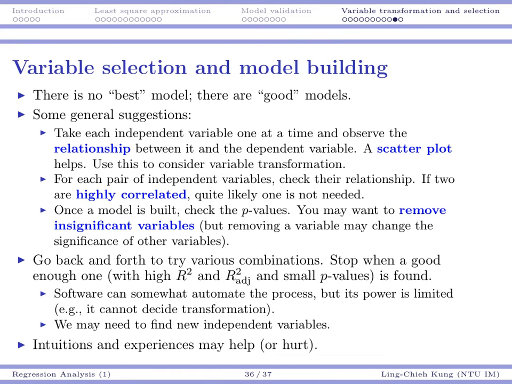Deal with them. But also, sometimes your intuition and experiences may just hurt you. Because if you only rely on intuition and experiences in selecting variables, you probably may miss some important information that nobody knows. Okay? So that's important.